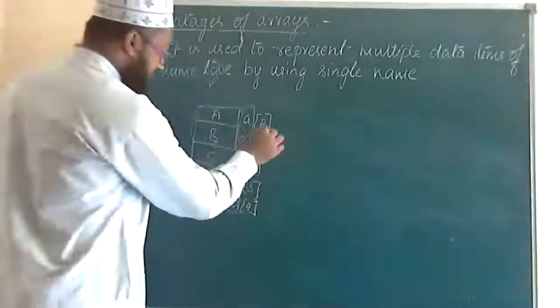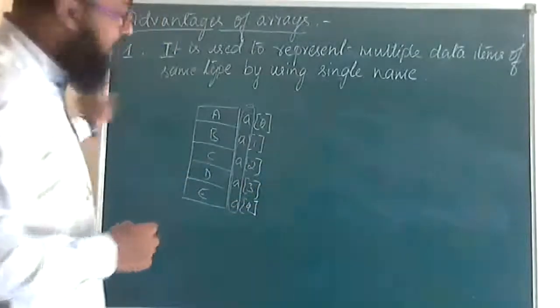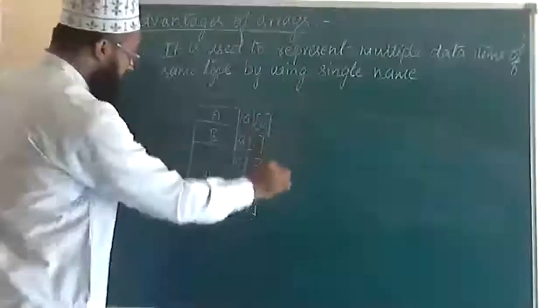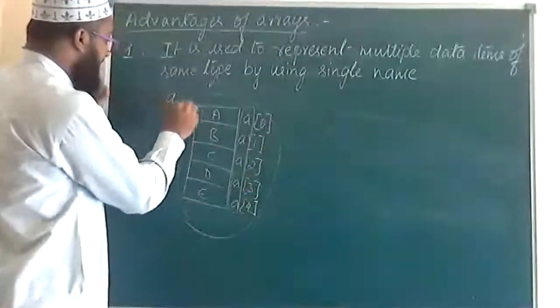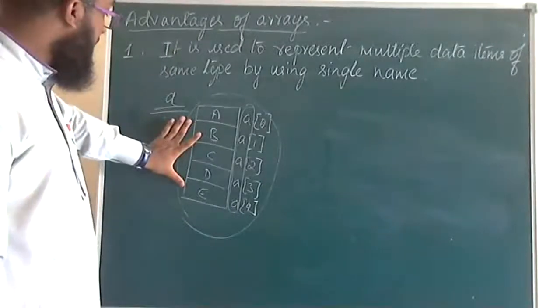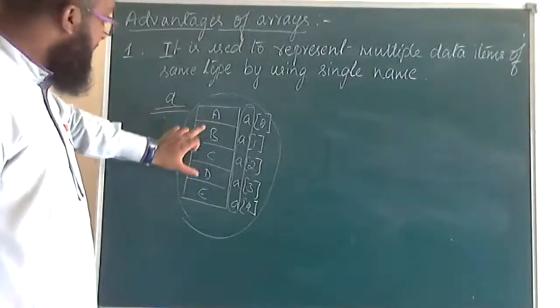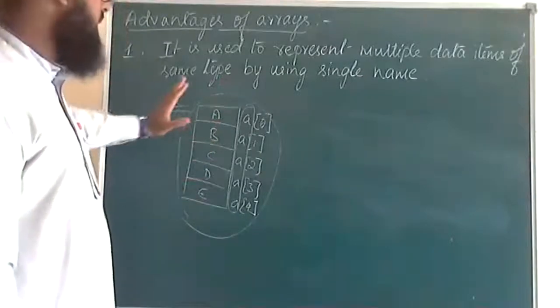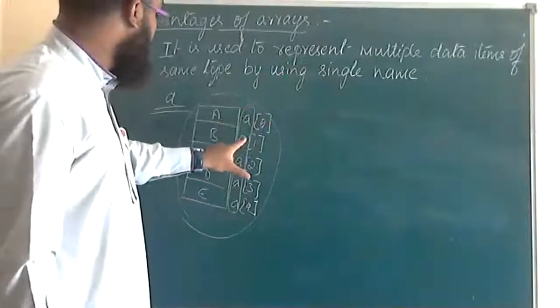Subscript number is different, 1, 2, 3, 4, but the name is same. This complete array can be named as an array A. Like this, it is having multiple data items of same type. Same type means included in one dimensional array. By using single name, just A is a name.